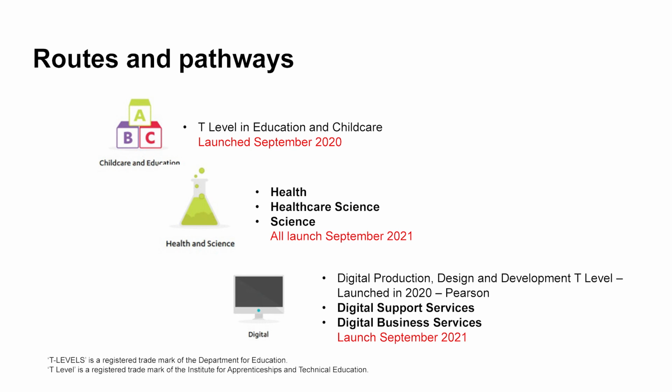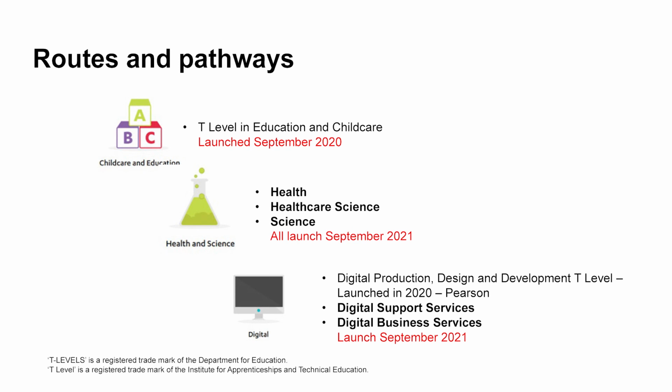So far in this video, I have outlined the features that are generally applicable to all T Levels. NCFE are already supporting providers with the delivery of the education and childcare route, which commenced in September 2020. Delivery of the health and science route will commence in 2021, and this route is being delivered exclusively by NCFE.